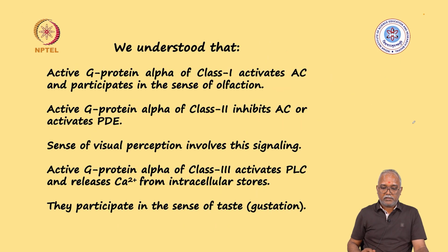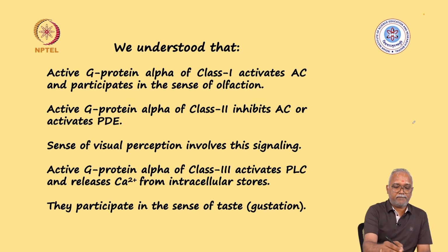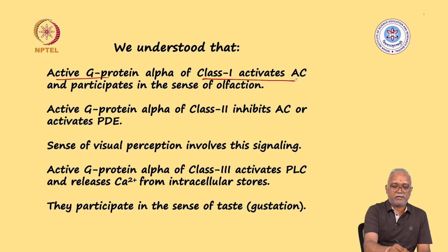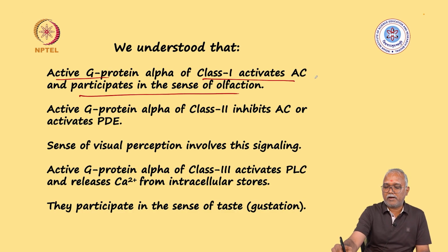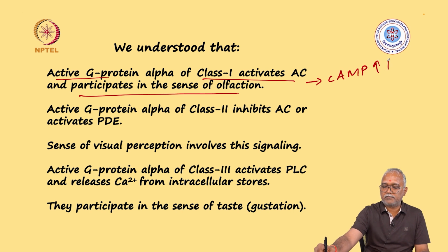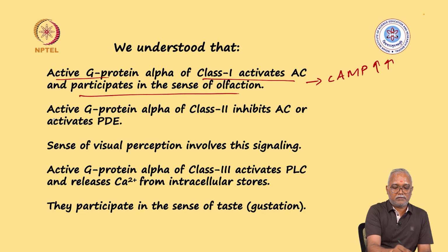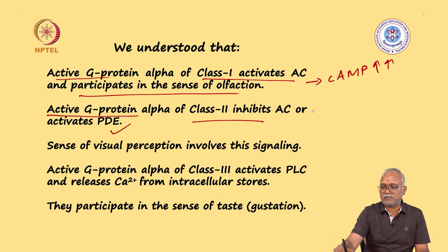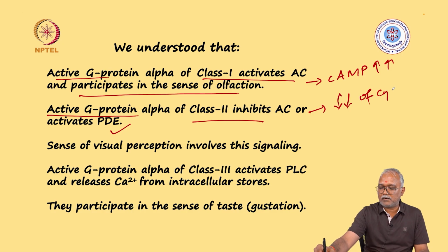So what we have understood in the class today is that the active G protein of class 1 activates adenylyl cyclase, which participates in the sense of olfaction, and it works through increased availability of cyclic AMP. The active G alpha proteins of class 2 inhibit adenylyl cyclase activity, or they activate phosphodiesterase, thus decreasing the level of cyclic nucleotide.